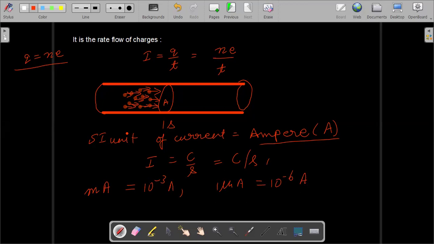Got it? Yes. So current will be as milliampere or microampere.